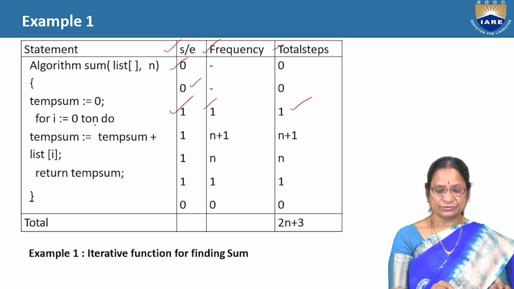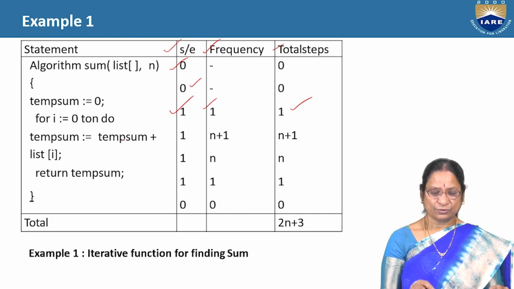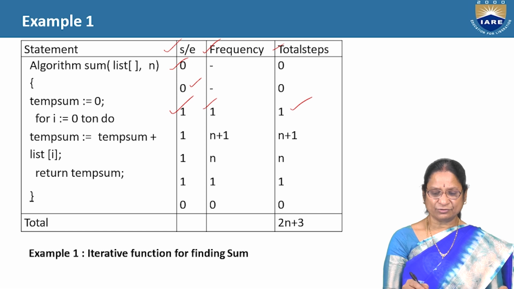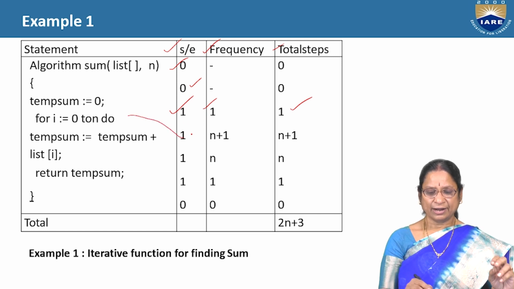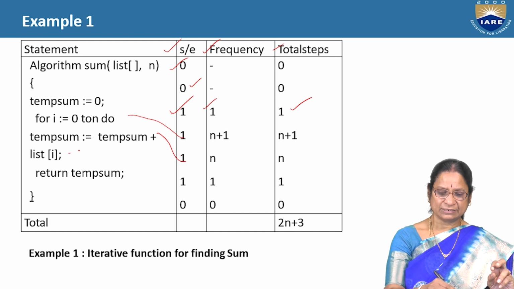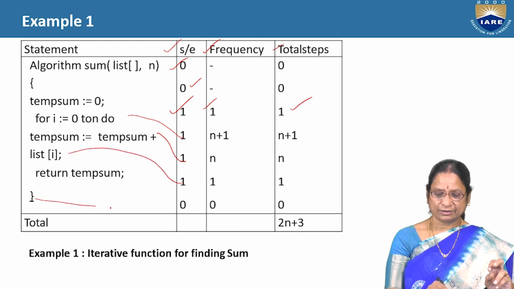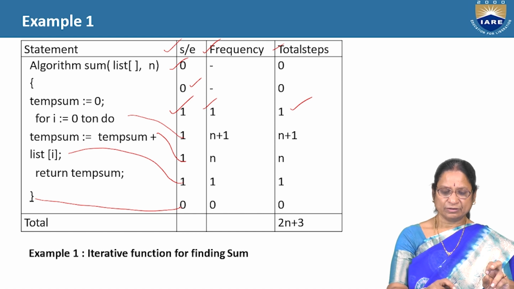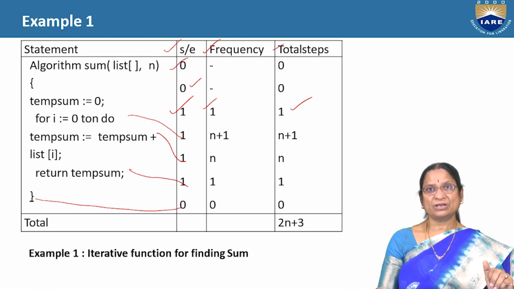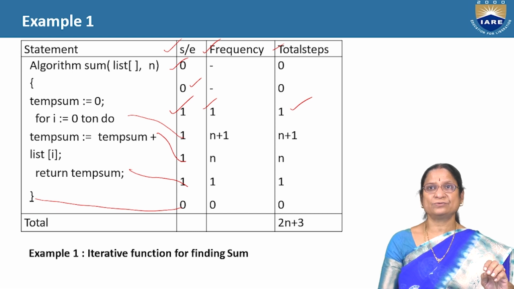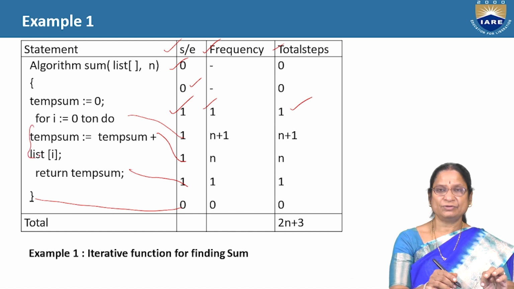Next, for I is equal to 0 to n, do. Now, how many times does the for loop get executed? The for loop is going to be executed n plus 1 times. For I is equal to 0, it gets incremented to I is equal to 1, 2, 3, etc., up to I is equal to n minus 1, it will execute within the for loop.